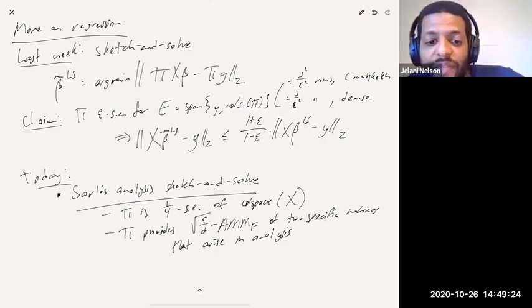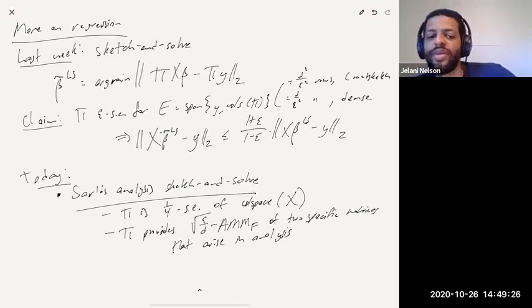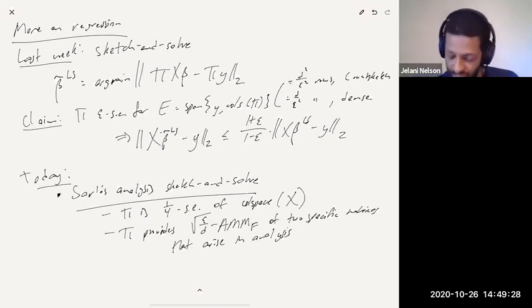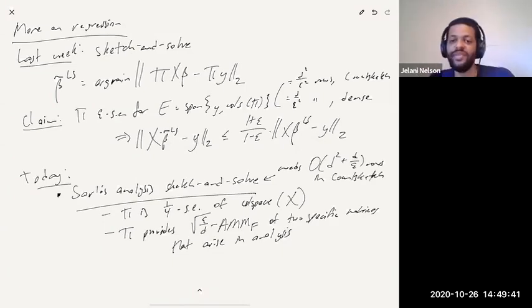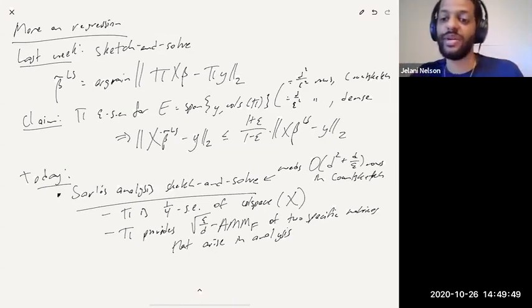Alpha here is root epsilon over d, so 1 over alpha squared is just d over epsilon. So this only needs O of d squared plus d over epsilon rows in the count sketch, which is less than above. Above was d squared over epsilon squared. Here, the epsilon doesn't even need to multiply the d squared. It only multiplies d, and it's only epsilon, not epsilon squared. So it can give you better sketch results.